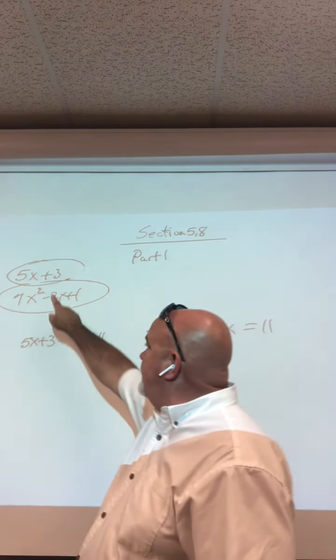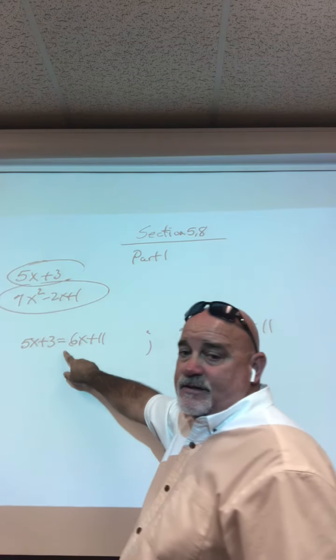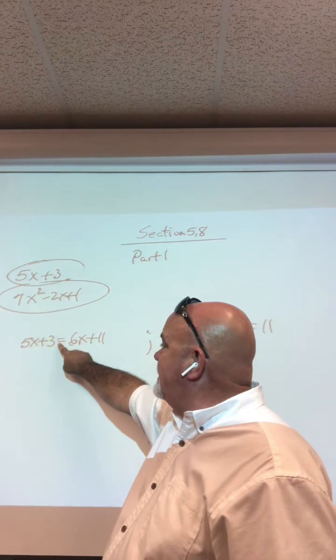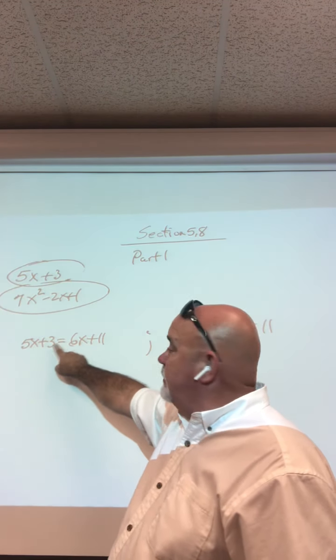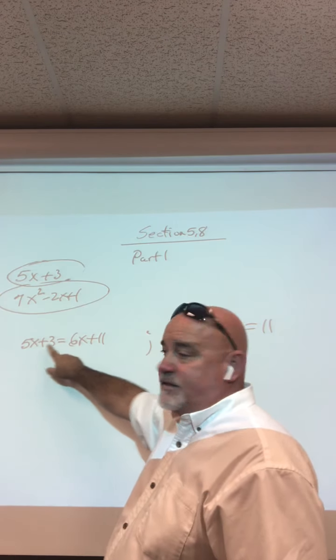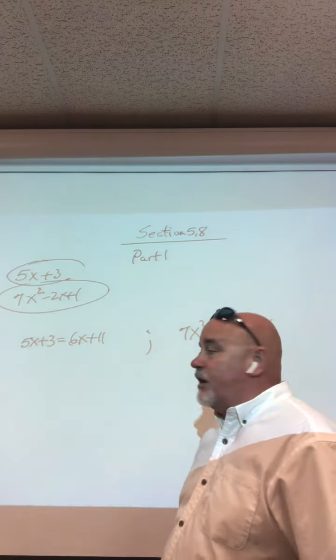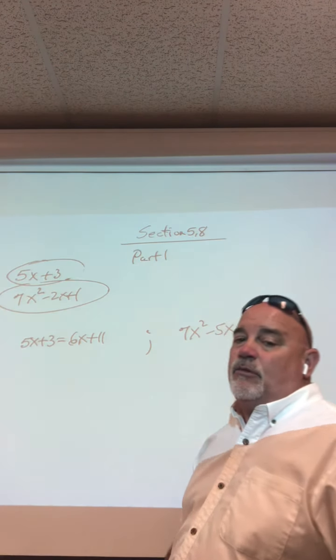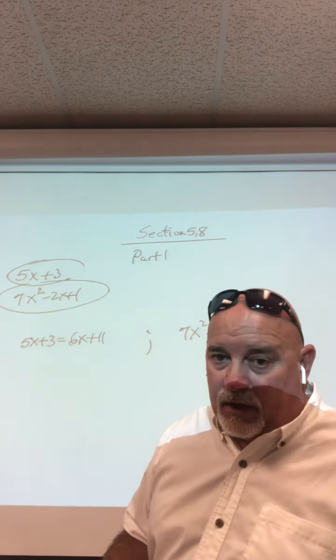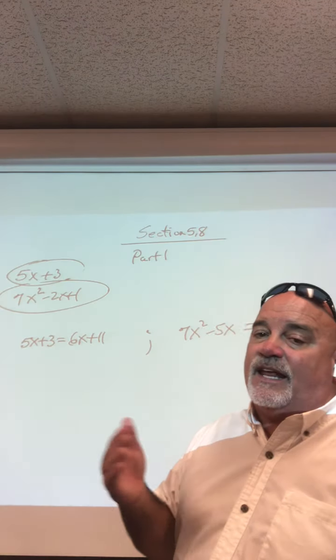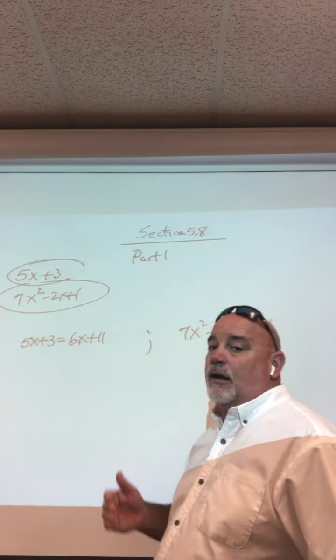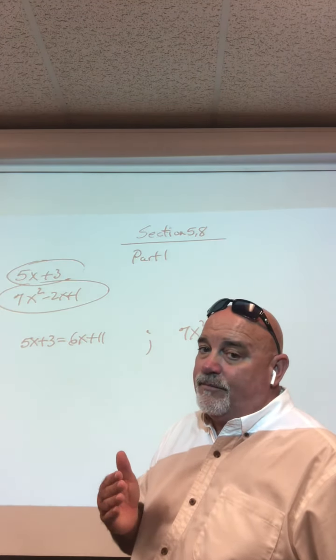Now, if you look at the difference in this and in this, the difference here is this is an equation. So is this a polynomial? Yes. Is this a polynomial over here? But it has an equal sign in it. So if you were going to give this a name, you can't call it just a polynomial. Because it has an equal sign in it, you have to call it a polynomial what?